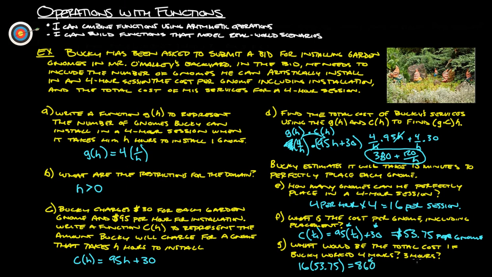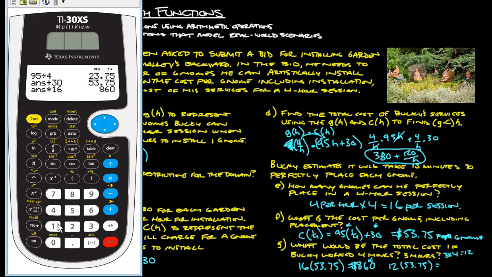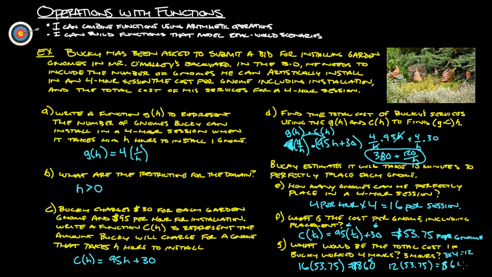And if it was 3 hours, let's see, he places 4 every hour, so 3 times 4 gives us 12, so that would be 12 times 53.75, which gives us 645. Okay, and that's for the 4 hours and the 3 hours.